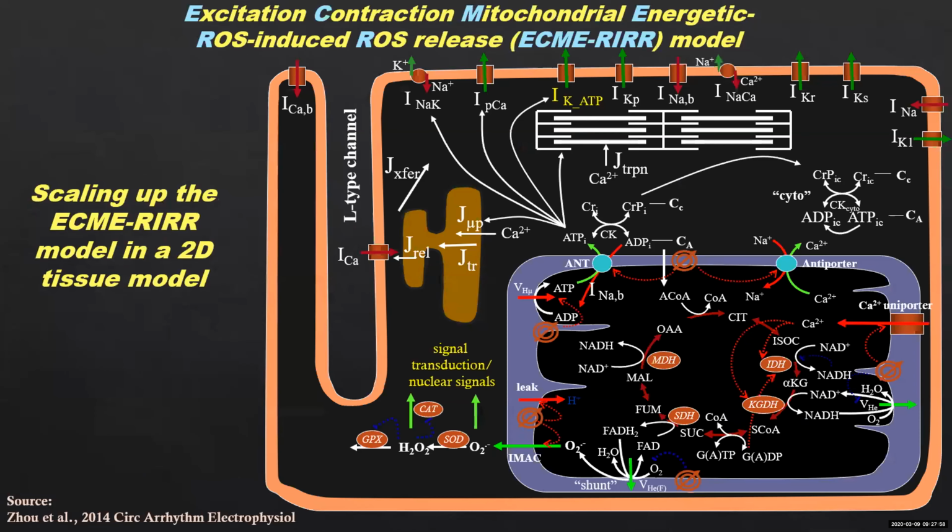So then finally, I'll show you the scaling of the model of a cardiomyocyte into a two-dimensional tissue model of size 5 × 5 centimeters square, having 63,000 nodes.